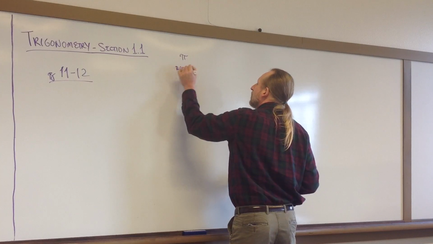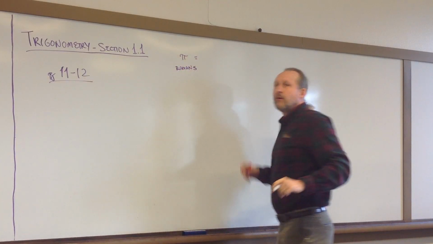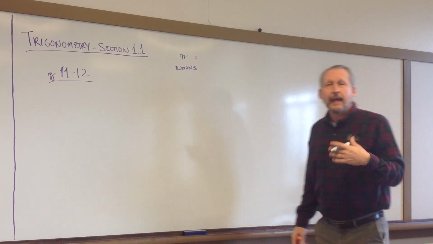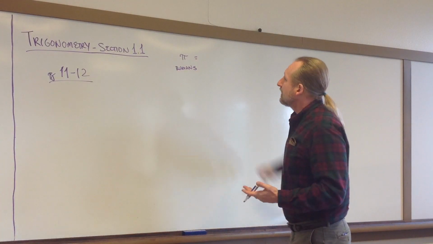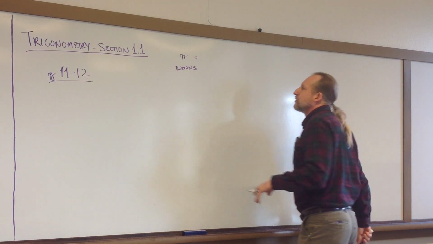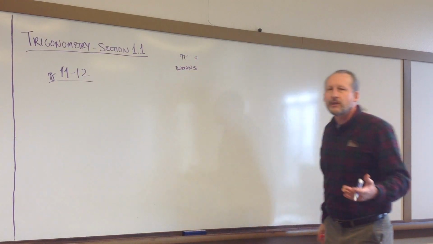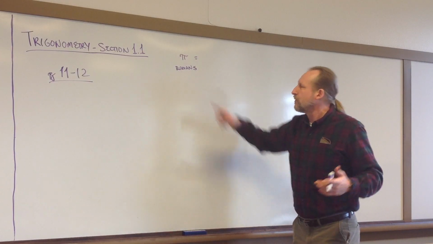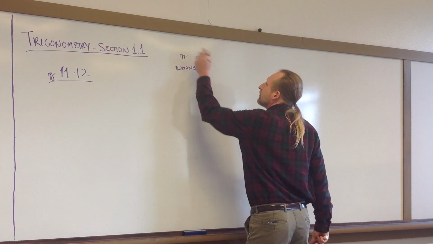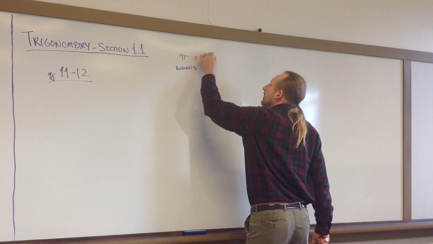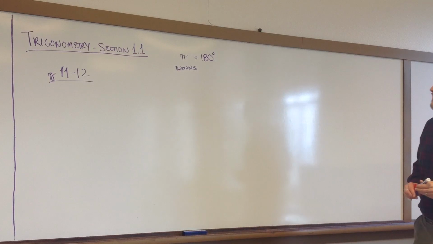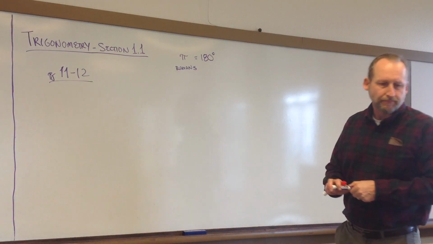So radians, there's no symbol for that unit, okay? So if you see an angle that's expressed in units that don't have a symbol along with it, then we can assume that they are radians. Typically, if there's any confusion, we would write radians to try to eliminate that confusion. So pi radians is going to equal 180 degrees. And that's our fundamental conversion.